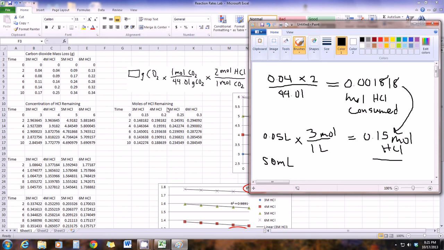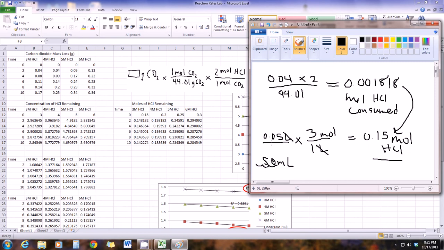In order to find the moles that were remaining, I had to find the moles that I started with. In order to do that, I had to multiply the volume of hydrochloric acid that was used, which is 50 milliliters, which is just what? 0.05 liters, right? So the liters cancel out, and I'm just left with moles.